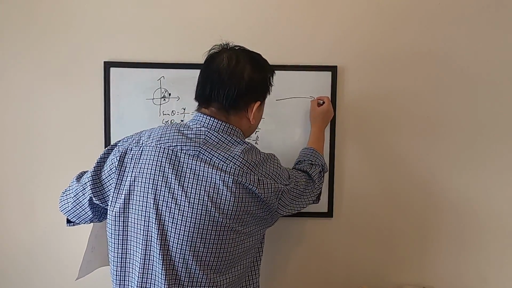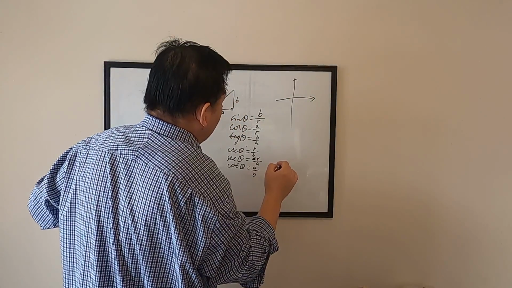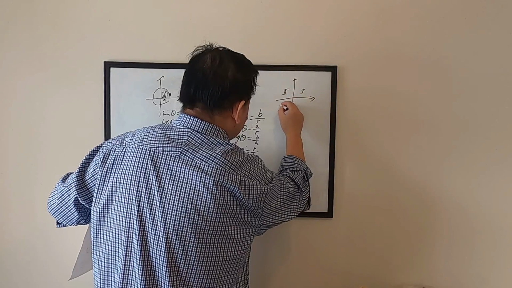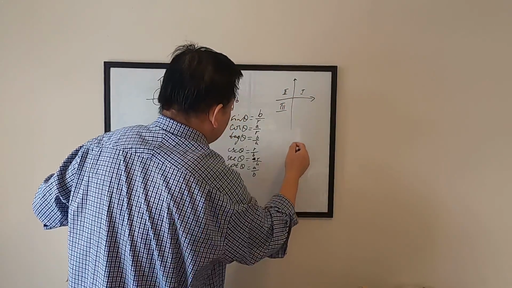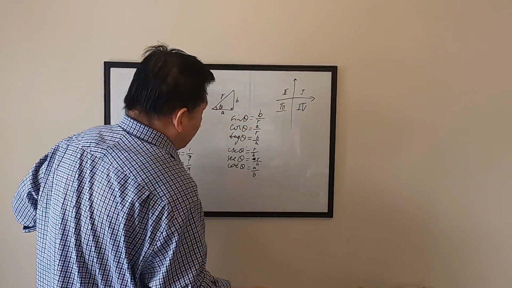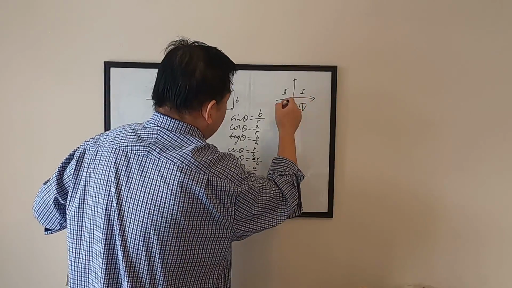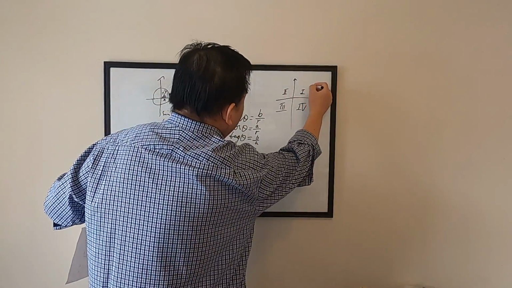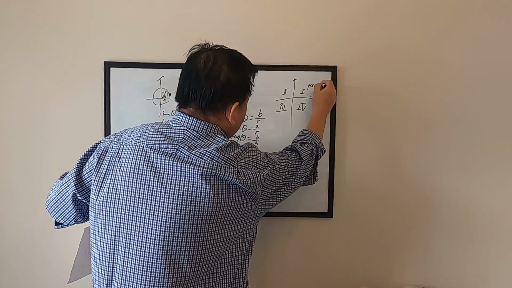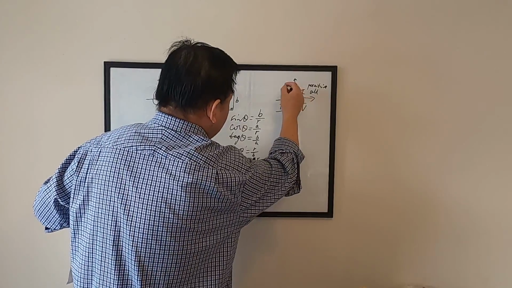And here is the coordinate plane. This is the first quadrant, this the second, this the third quadrant, this the fourth quadrant. It means for the trigonometry functions, in this quadrant everyone is positive, for all. This one is for sin.